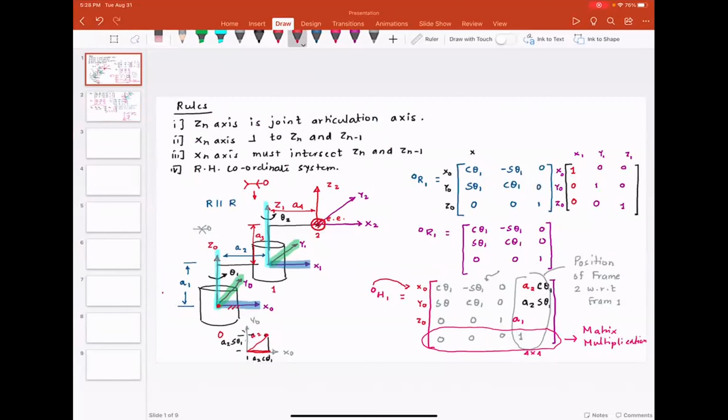And if I were to look at the robot in the front view, what would I see? In the front view, it's very easy. I know my end effector is at location 2. So the distance between the end effector and the first frame or 0th frame is nothing but A1 plus A3. So I will just draw the vector.